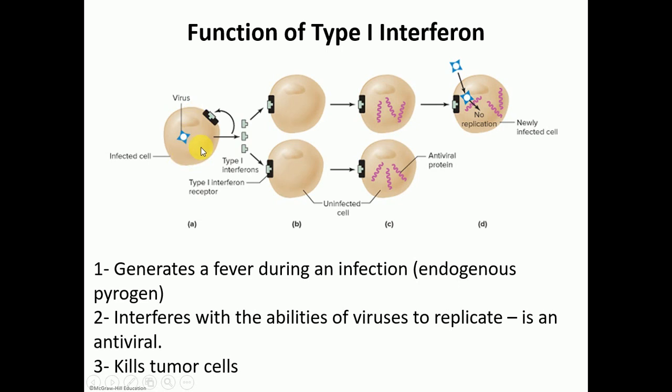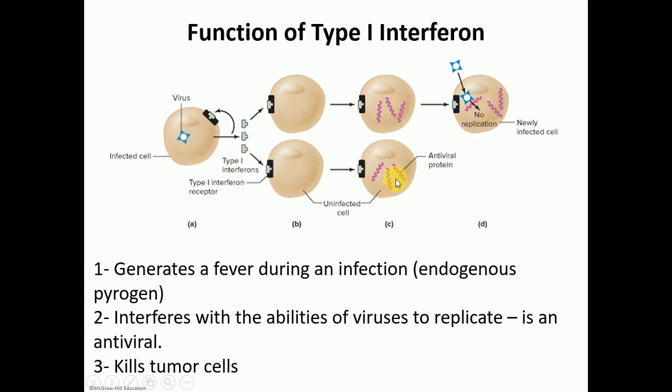This infected cell knows that it's dead and there's no hope for it. What it does is release the type 1 interferons in order to warn its neighbor cells that are still healthy, so they can protect themselves.